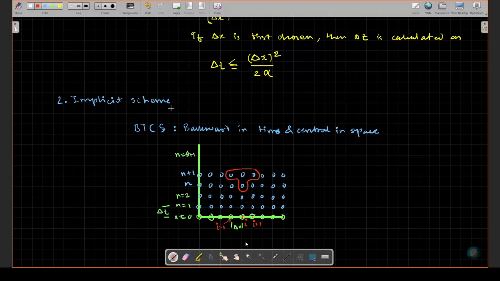In the previous case, what was our stencil? Our stencil was this one. This was our stencil in case of explicit, and this is the stencil for implicit.